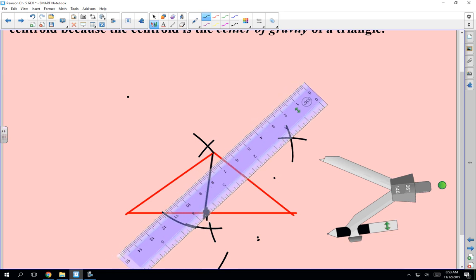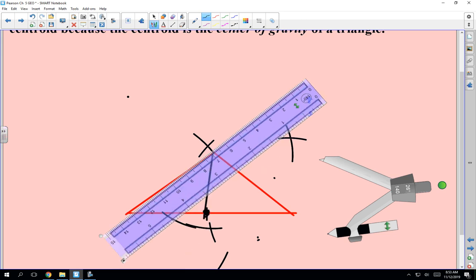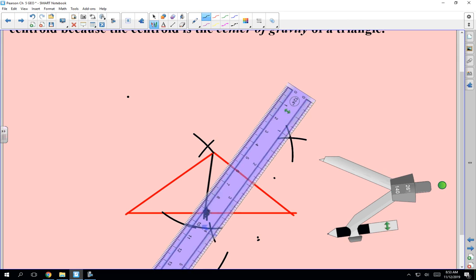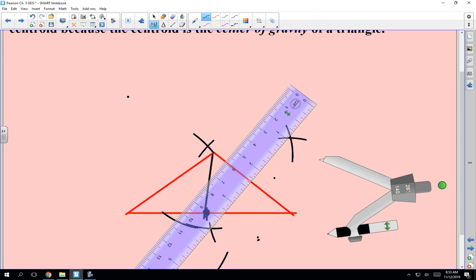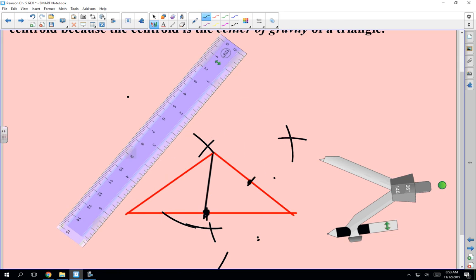Okay, get it the right angle. That's going to have to do. So make my little tick mark right here, and then connect that right there to this over here.